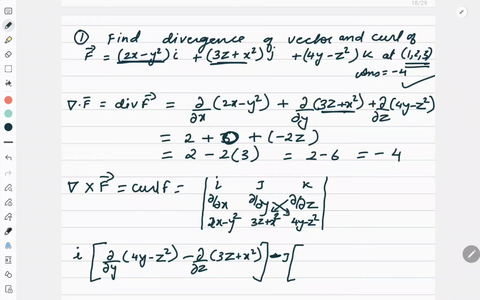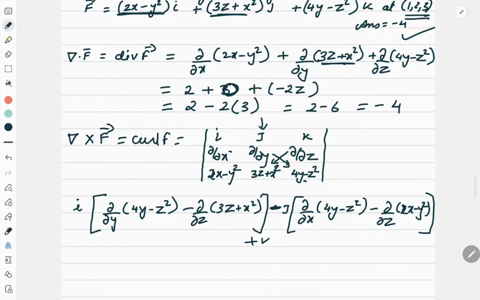Now for j, hide the j column. So dou by dou x of 4y minus z square minus dou by dou z of 2x minus y square. Correct? Plus k: dou by dou x of 3z plus x square minus dou by dou y of 2x minus y square.